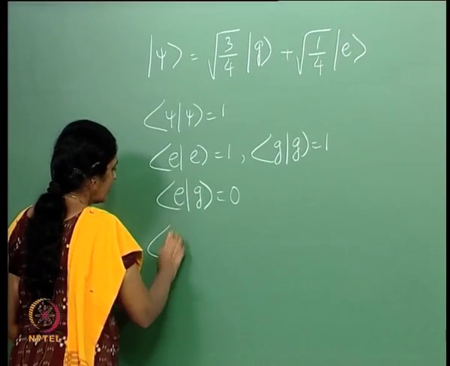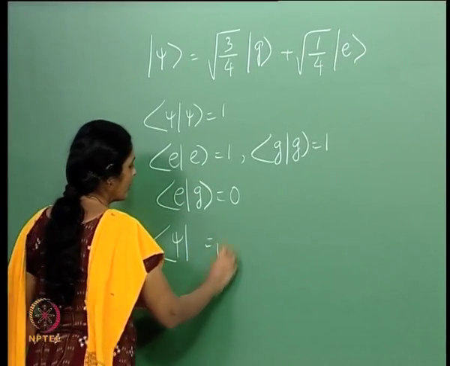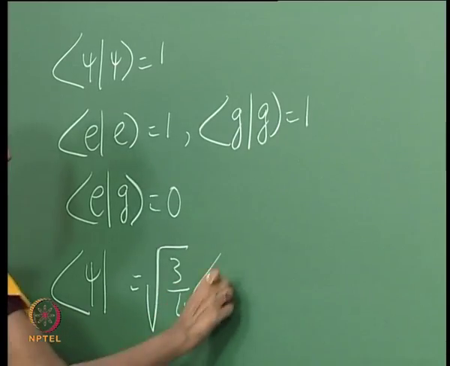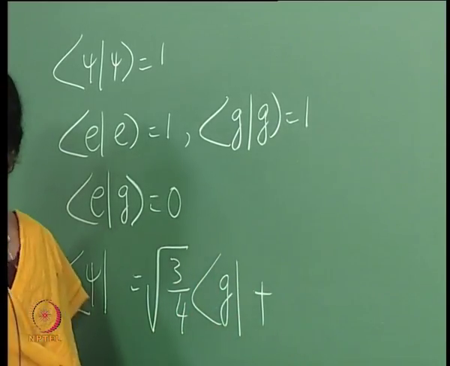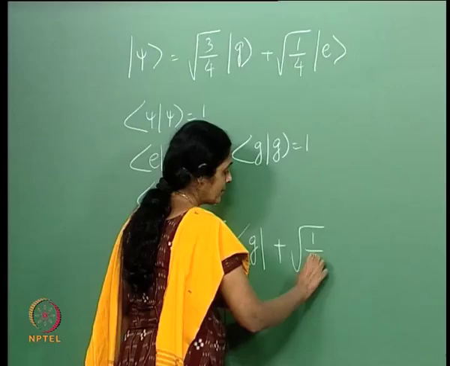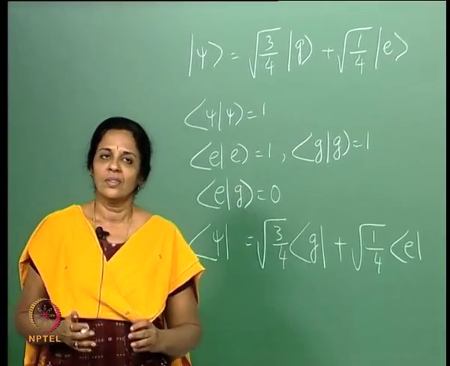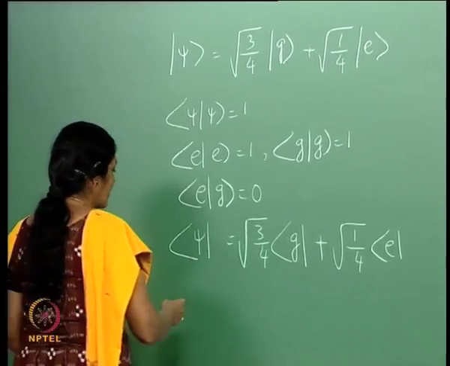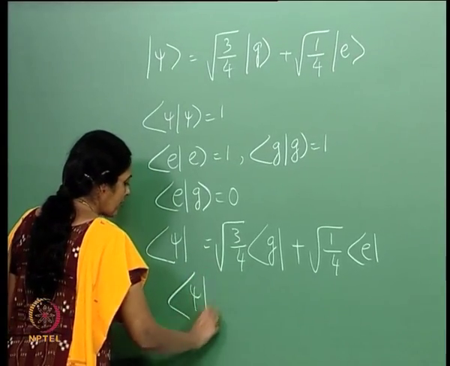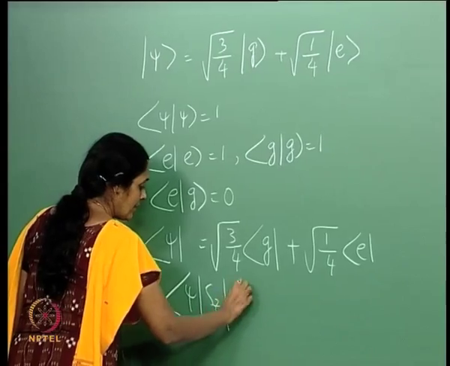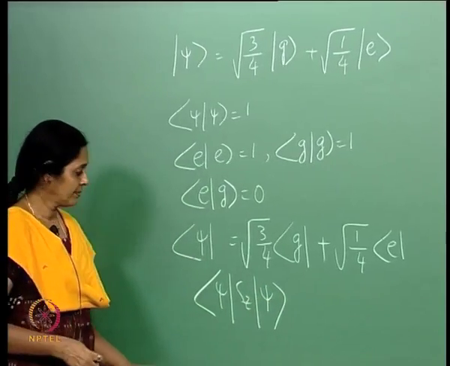Bra psi correspondingly is root 3 by 4 bra g plus root 1 by 4 bra e. And now I wish to find the expectation value of Sz, say, in the state psi.